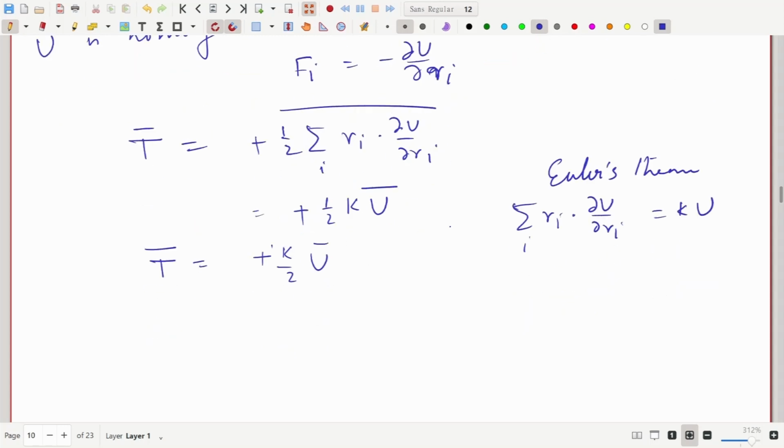Also we know that the average of the total energy is the total energy, which is T bar plus U bar.